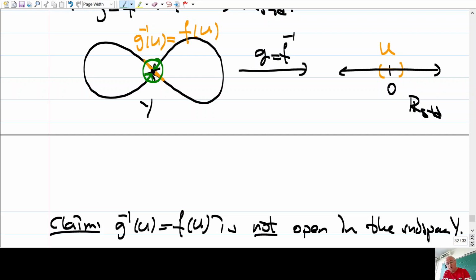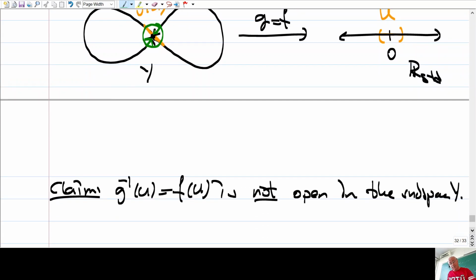A ball around the origin is something like this, and such a ball contains not just this orange segment, but also these two infinite rays, right? Infinite green rays. Therefore, this thing itself cannot be open in the subspace topology. Okay.